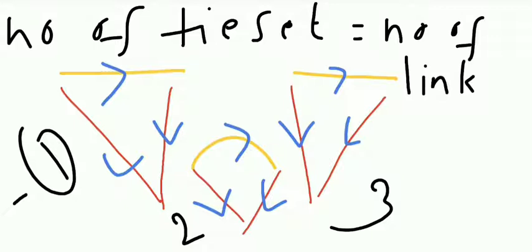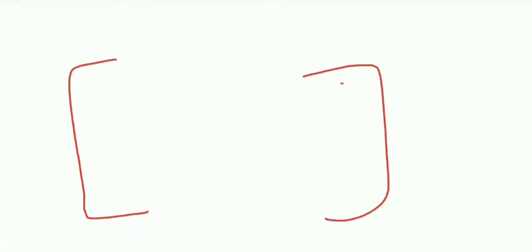So now I draw the tie-set matrix. The tie-set matrix has rows and columns. The rows represent the number of links. So how many links do we have? We have 3 links. What is the equation for the links? B minus n plus 1.